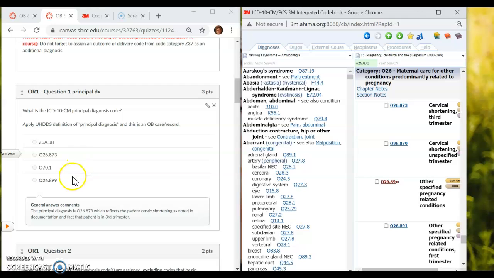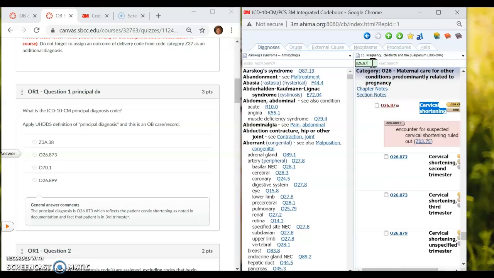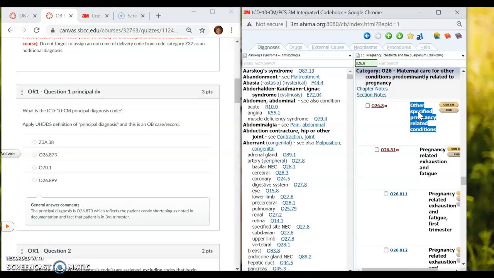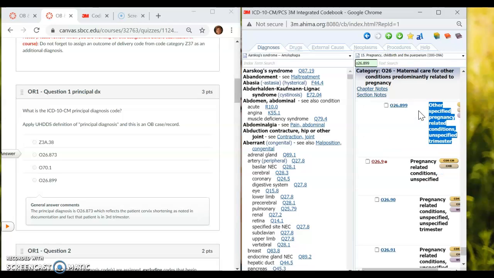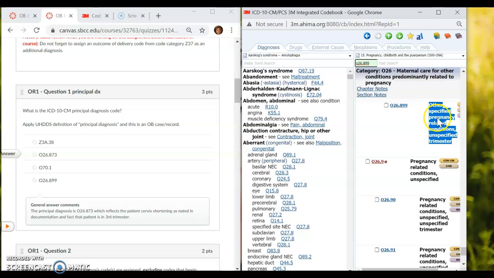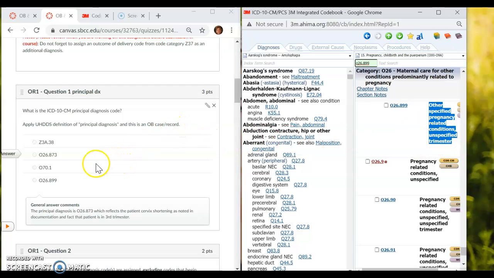So when we get down to the other one here, O26.899, that is just going to be more generic, when we can get more specific. So keep that in mind. With the 899, it's just other specified, third trimester. So again, with this, we want to go with the cervical shortening.